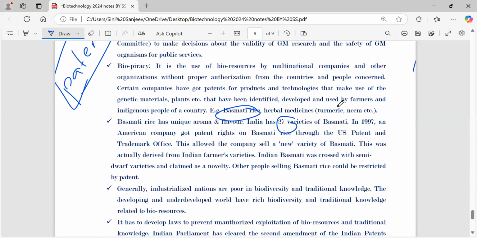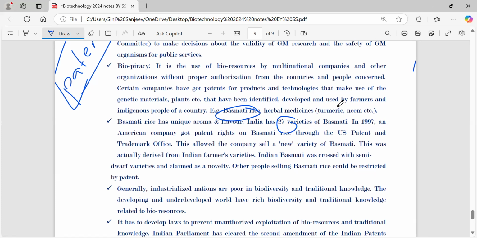But even though it's an Indian product, an American company has got the patent rights on basmati. Why? Because before the Indians could even understand that you can take a basmati patent and later on earn money from it, they did not know those things. So what happened was basmati was patented by the US.